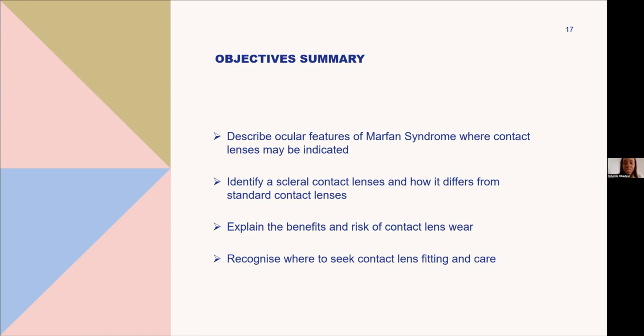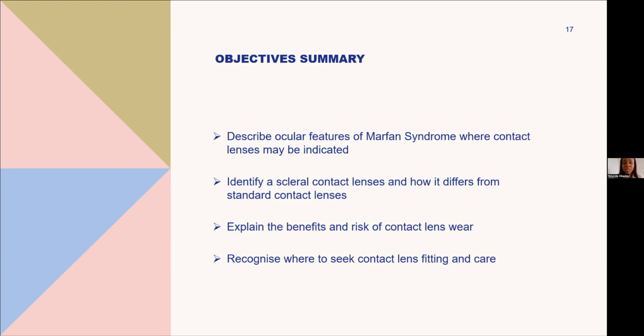And then we've talked about scleral contact lenses, where if the prescription is very high or an adequate fit is not achievable with standard contact lenses, scleral lenses are indicated. You should be able to identify a scleral contact lens now. It's a larger diameter, up to 23 millimeters. Fill it up with fluid. It doesn't touch the cornea, it bridges the cornea, sits on the sclera.